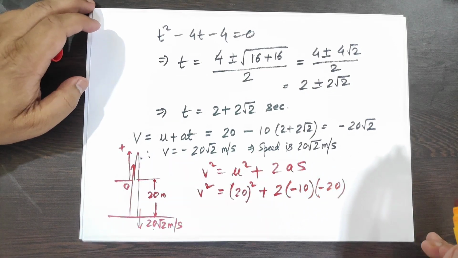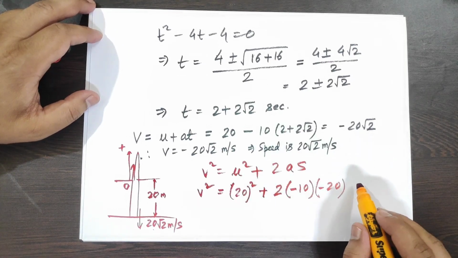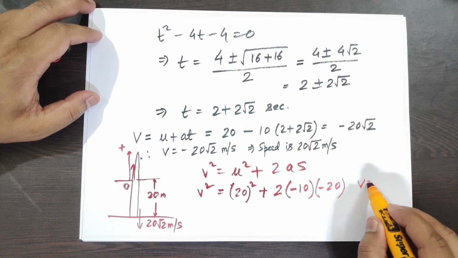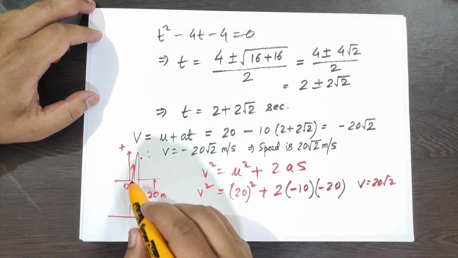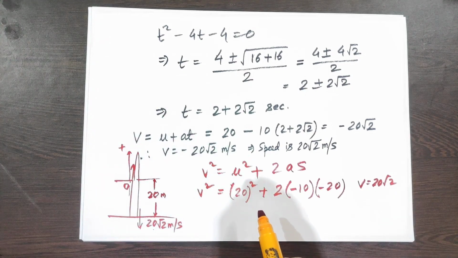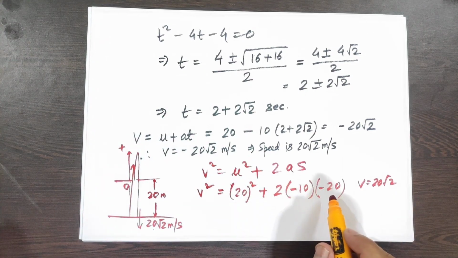S is minus 20. That is how you get the same answer, so v will come out to be 20 root 2. Or if you want you can choose the axis downwards and you get plus 10 here and plus 20 here.